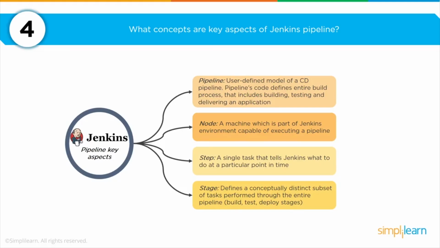Nodes are the machines which are part of that Jenkins environment within the pipeline. A step is a single task that tells Jenkins what to do at that particular point in time. And finally, a stage defines a conceptually distinct subset of tasks performed through the entire pipeline. Tasks could be build, test, and deploy.